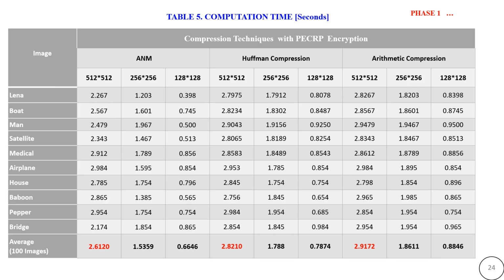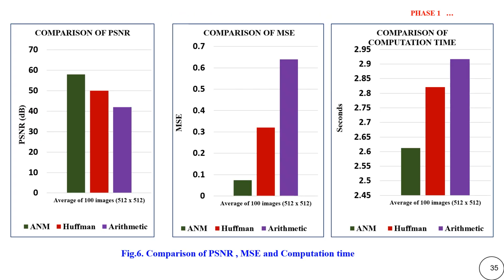The table shows that ANM takes less computation time than Huffman and arithmetic compression. From the chart, it is observed that ANM compression produces high PSNR and low mean square error value. The computation time is also slightly decreased by ANM.